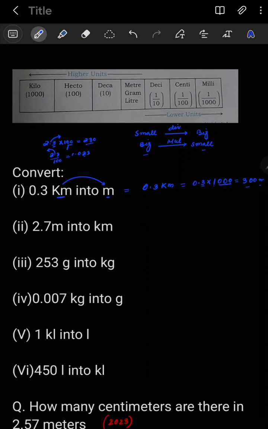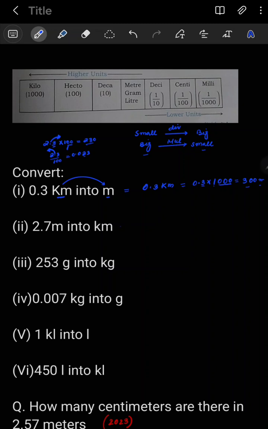Now point here, 0. For multiplication your point is sweeping right side, and for division your point is sweeping left side. I will solve more questions. I hope your concept will become clear slowly.